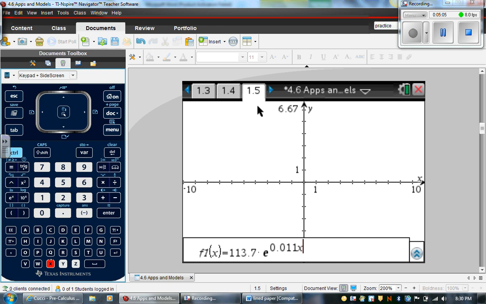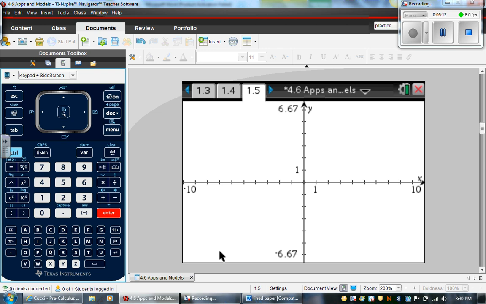And we do have to use x because it's in terms of f of x. Okay, and we're going to hit enter. Now our graph doesn't show up, and that should make sense because 113.7 is quite a bit larger than 6.67. So we do have to adjust that window.